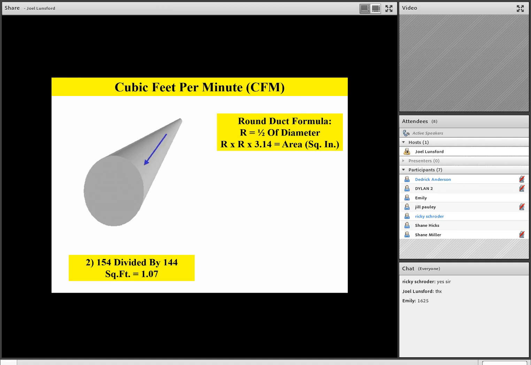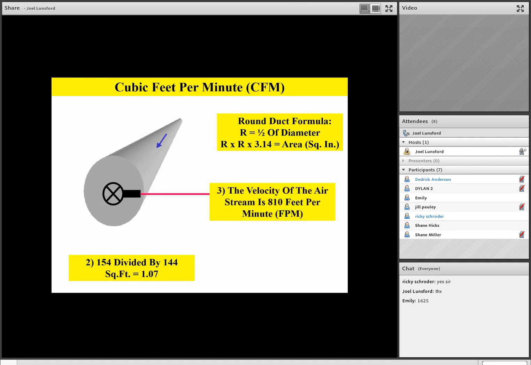In our example, we have 810 feet per minute. We then multiply the velocity in feet per minute, 810, times 1.07 square foot cross section of the duct. And we see in this example that 14-inch duct at 810 feet per minute velocity is actually delivering 867 CFM.